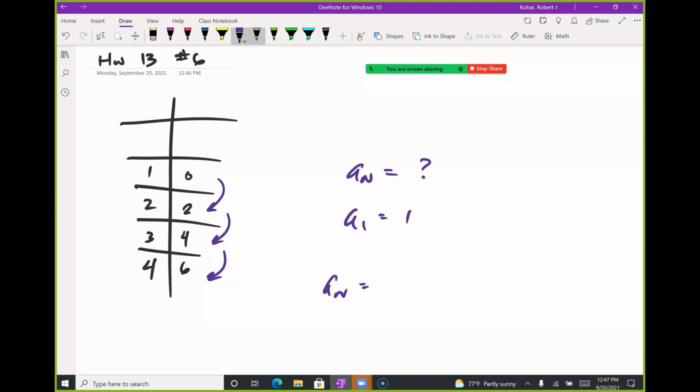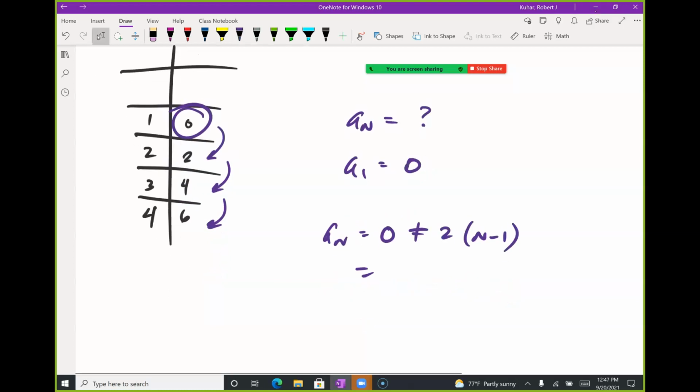What's my first term? It's 0. And then I'm adding 2 every time. So 0 plus 2 times n minus 1. Right? I should be talking not about the index, but about the value of a sub 1. It's the y value. What's the value of a sub 2? So what do I get here?